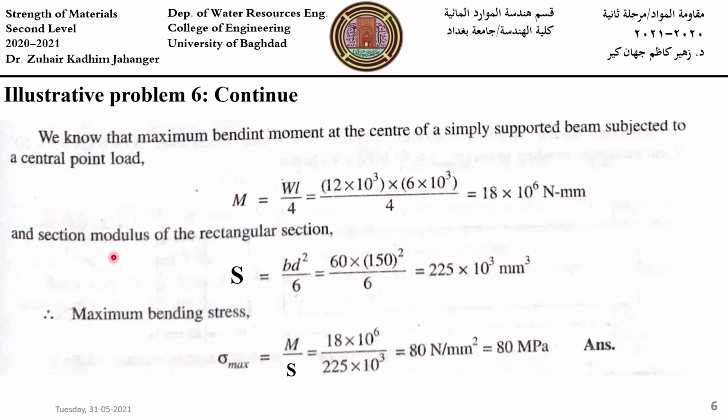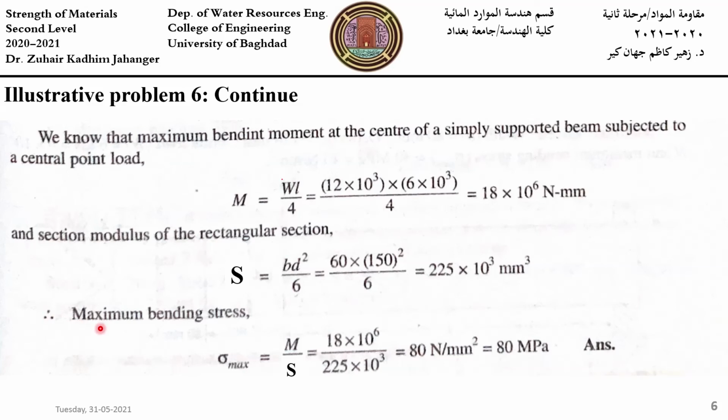And section modulus of the rectangular section S equals bd square over 6 equals 60 times 150 square over 6 equals 225 times 10 to the power 3 millimeter cubed.